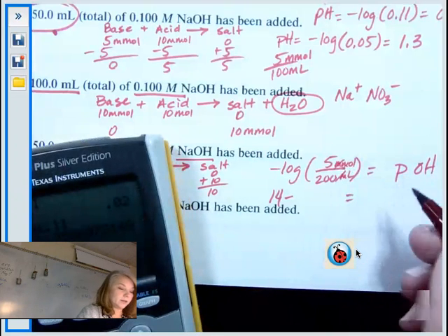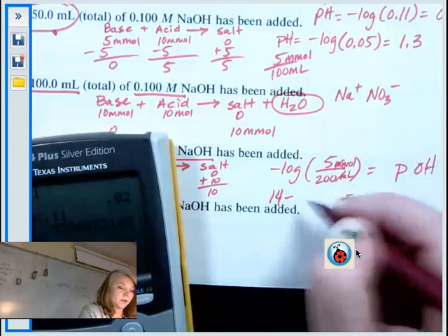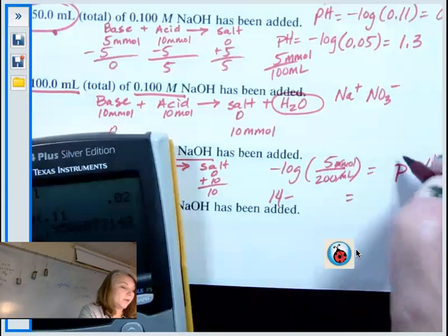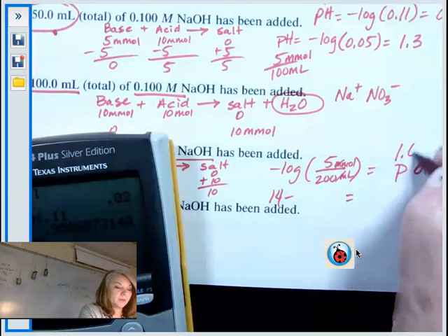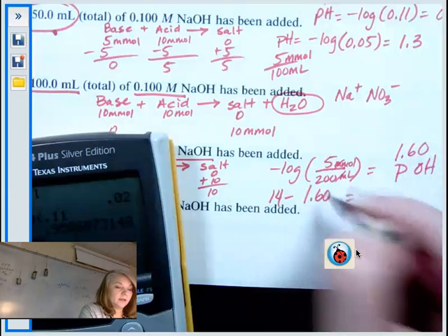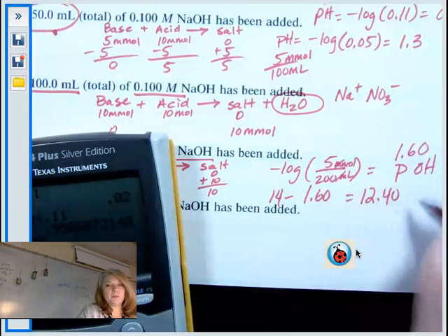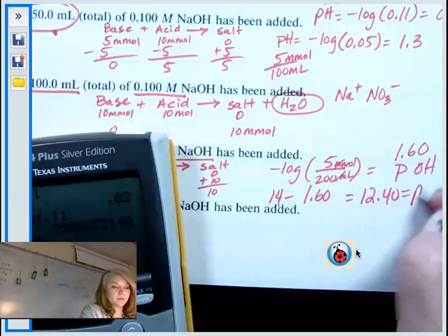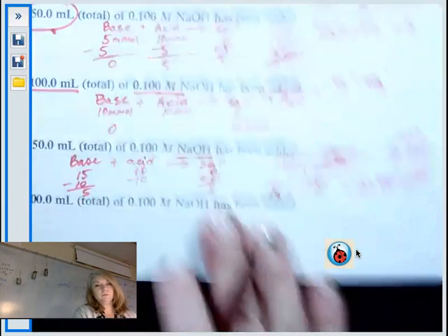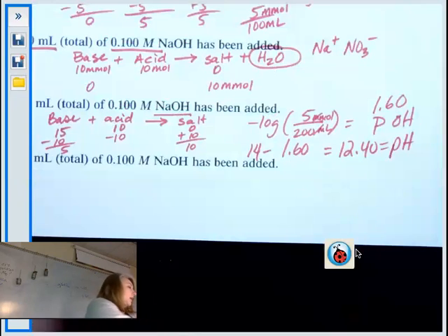After you subtract, okay? So what was your pOH? 1.6. Okay. And so 12.40 would be our pH. And that's at 150 milliliters.